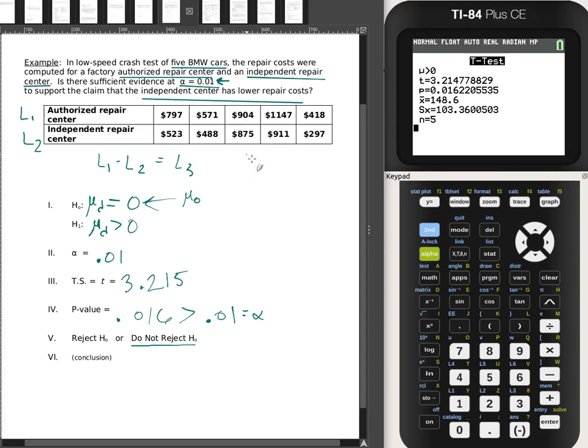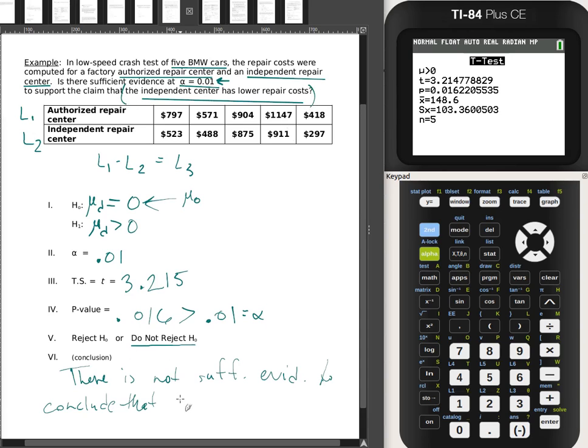Probably, if we had a larger sample or something, this sample is very small, and even though the differences are always positive, it's just not enough to make the conclusion. So we should say there is not sufficient evidence to conclude that. And what are we concluding? We're concluding that this claim, we should put this one in here, the claim that the independent repair center has lower repair costs.